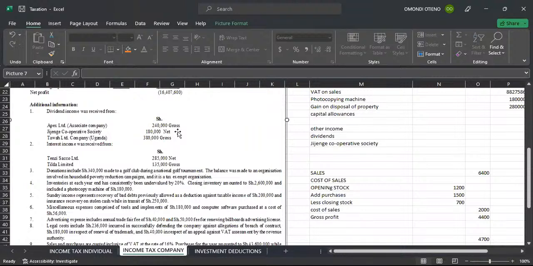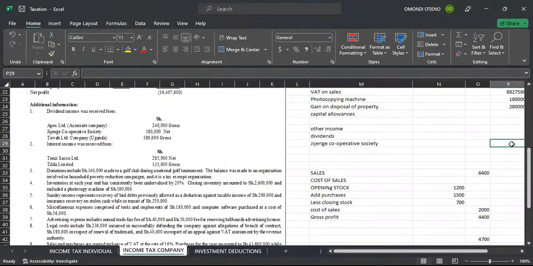So 85% ni 180,000. 100% itakuwa ngapi? Is it clear now, Molly? Okay, so that's where we got that value from.